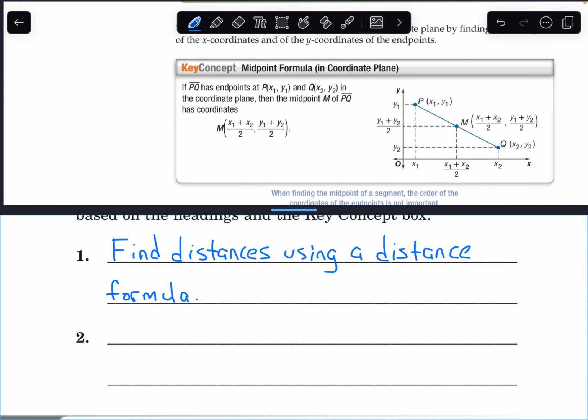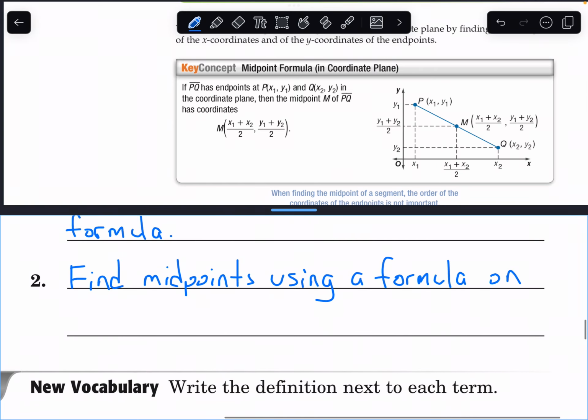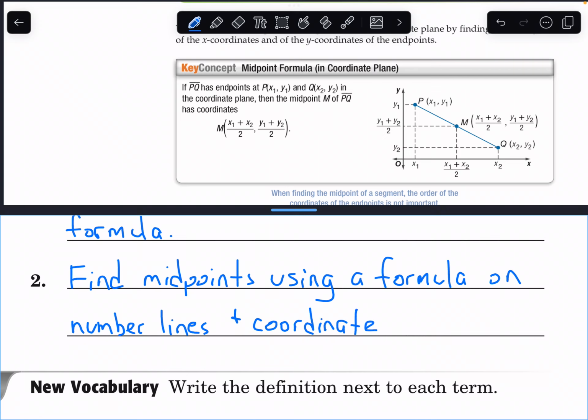Now we're going to find midpoints, whatever those are, using a formula on number lines and coordinate planes.